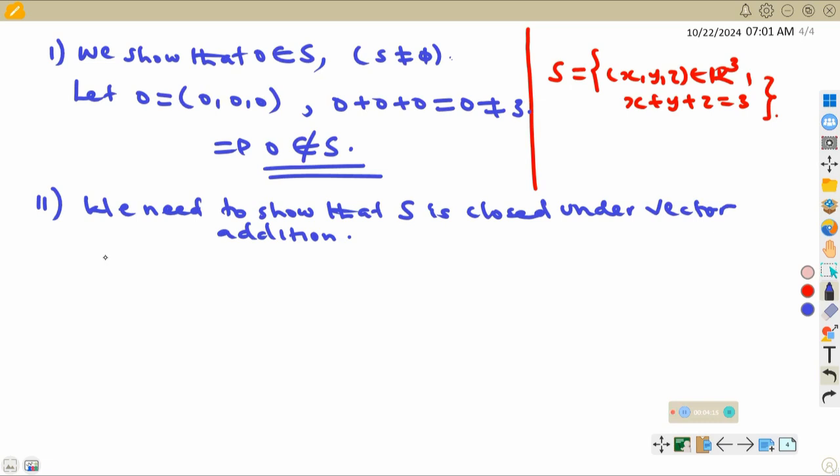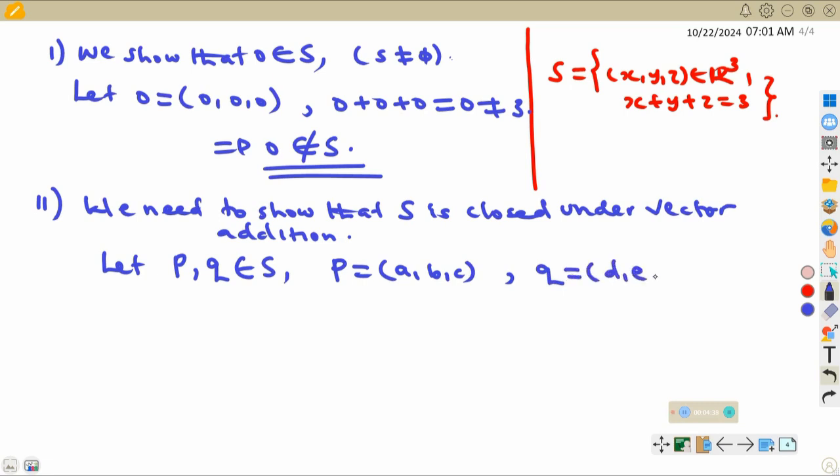So we shall let P and Q be vectors in S. We shall let P be of the form (a, b, c). Then we shall also let Q be of the form (d, e, f).